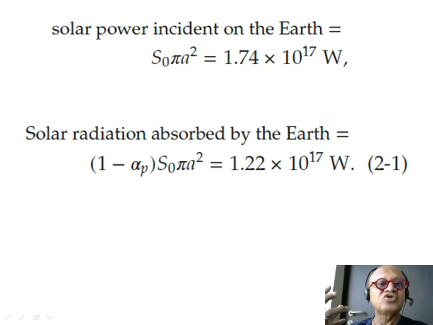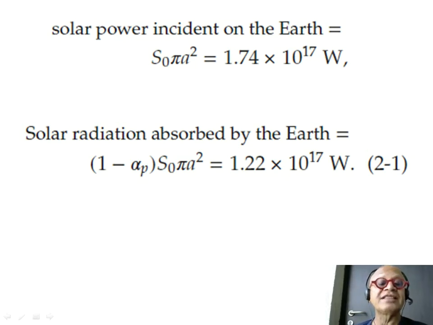Alpha is the albedo, so alpha times S0 pi a squared is reflected back to space without doing any work on Earth or in the atmosphere. So the net energy that remains is what is intercepted minus what is reflected: S0 pi a squared minus alpha times S0 pi a squared, so S0 pi a squared times (1 minus alpha). That gives you 1.22 times 10 to the 17 watts.